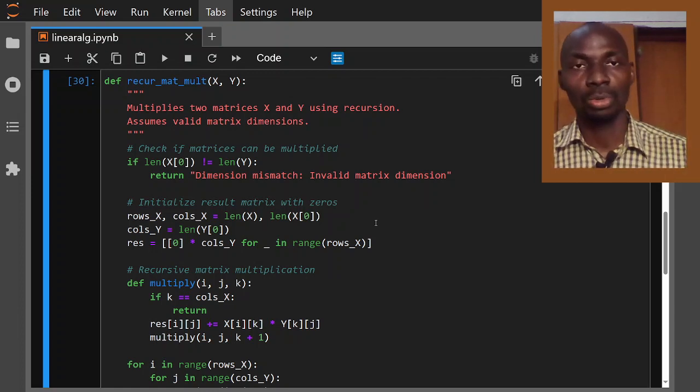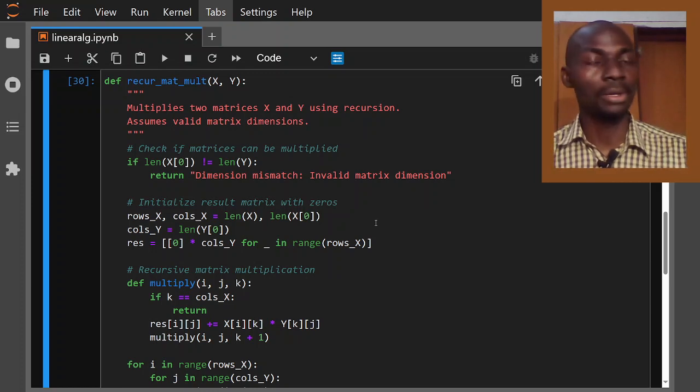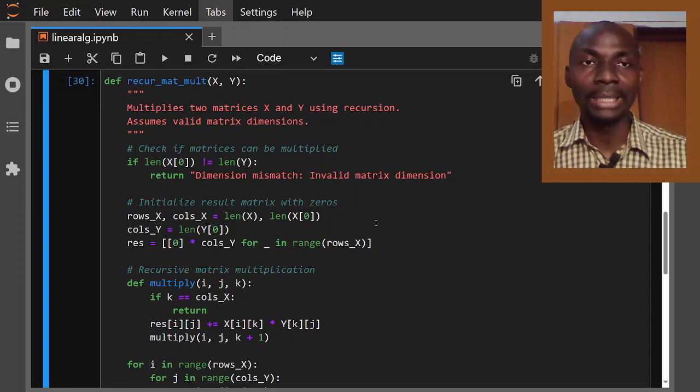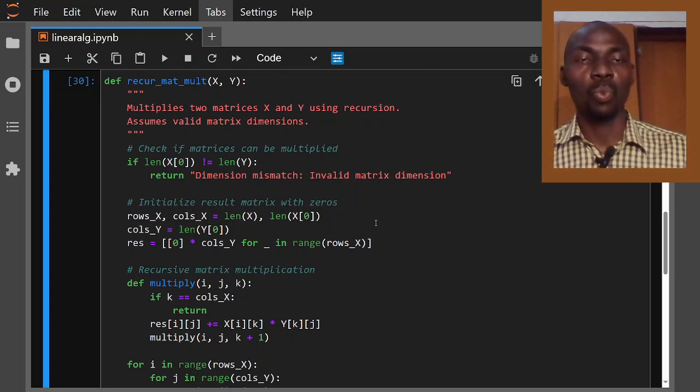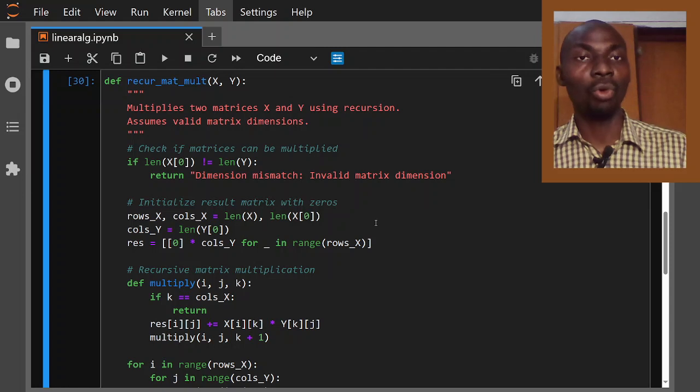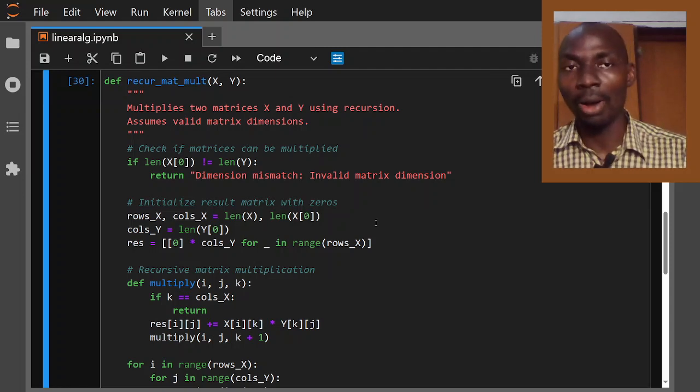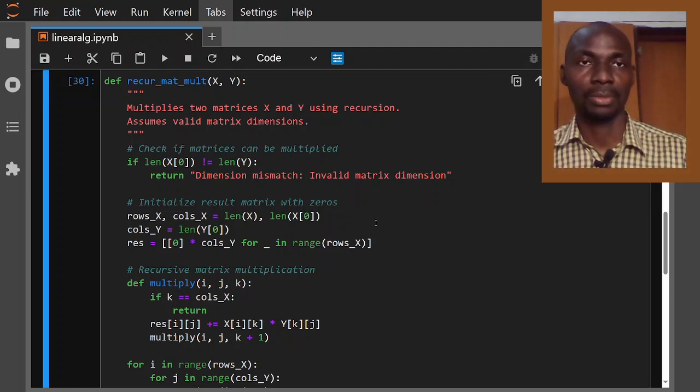Number two, conquer. This is where we solve the subproblems recursively. And number three, combine. This is where we merge our solutions to provide the overall solution for our original problem.